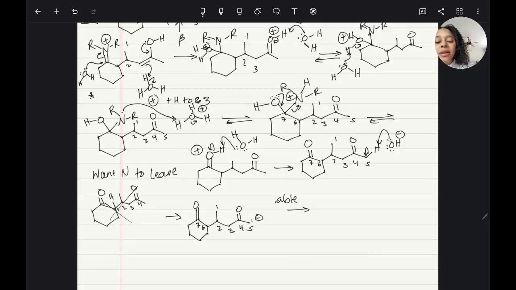So I'm going to be attaching 5 to 7, and it's going to give me a 1, 2, 3, 4, 5, 6-membered ring. So that means this side of my cyclohexane should have a 6-membered ring attached. So if this is 7 and 6, that means my alkoxide that I formed.